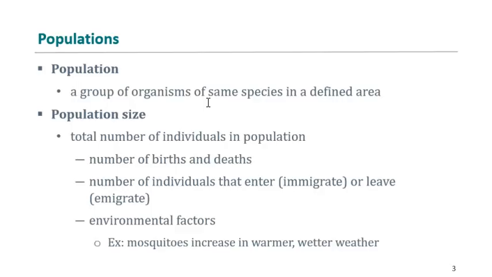Now, population size refers to the total number of individuals of a species that are living within a specific area. So we might talk about a herd of 150 elephants, let's say, living in a protected reserve. So it might be some type of grassland. So we could have 150 elephants in that area.